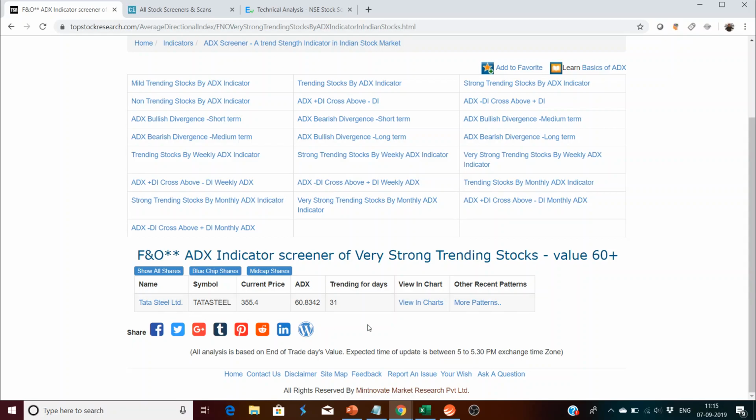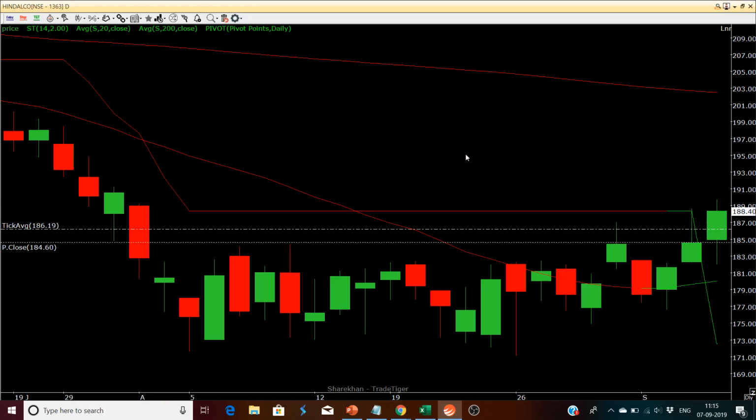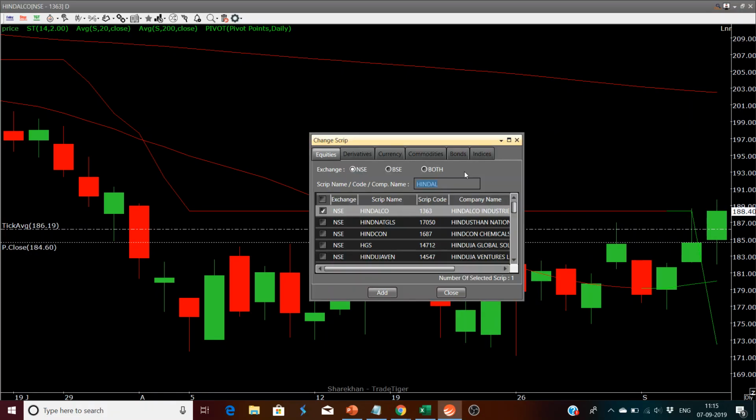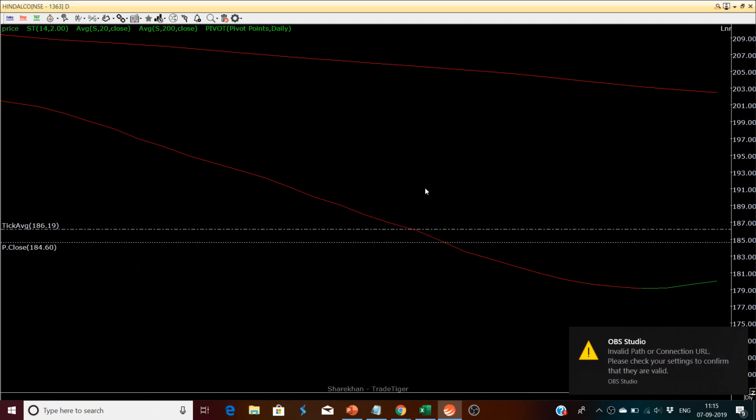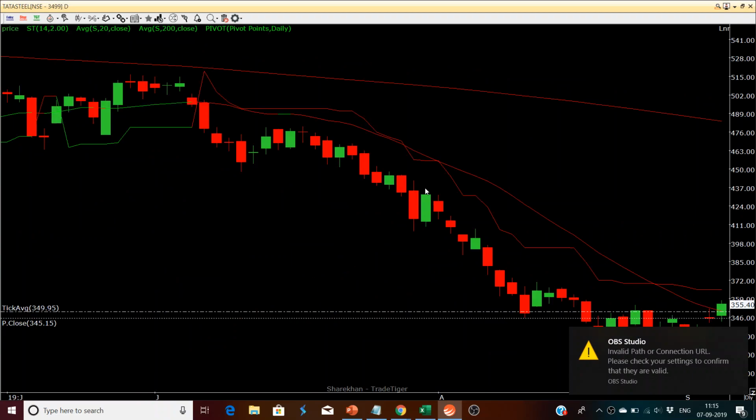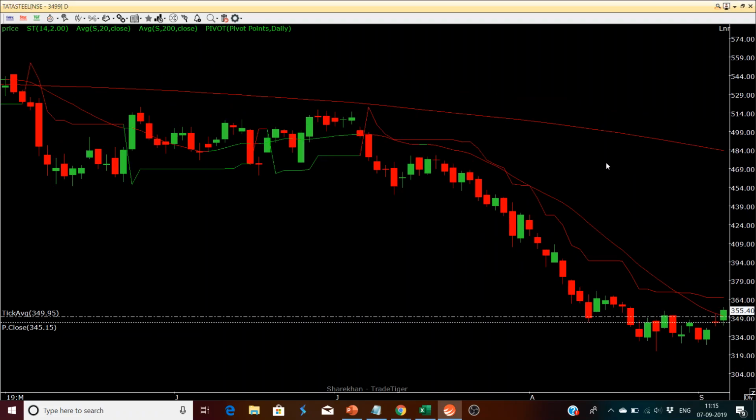Again, after finding these kinds of stocks, you should always go and do your own research. Like if you want to check Tata Steel, what is Tata Steel doing? Okay, so Tata Steel has been falling.